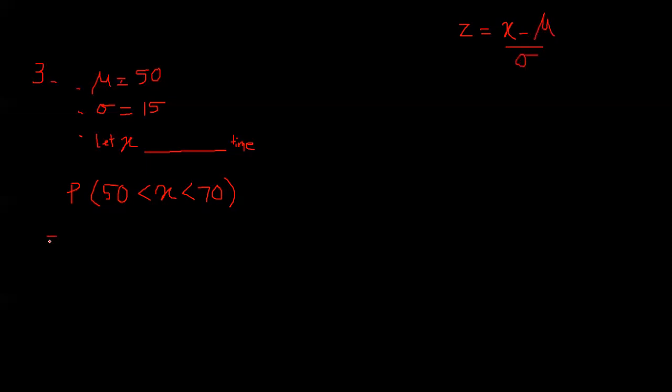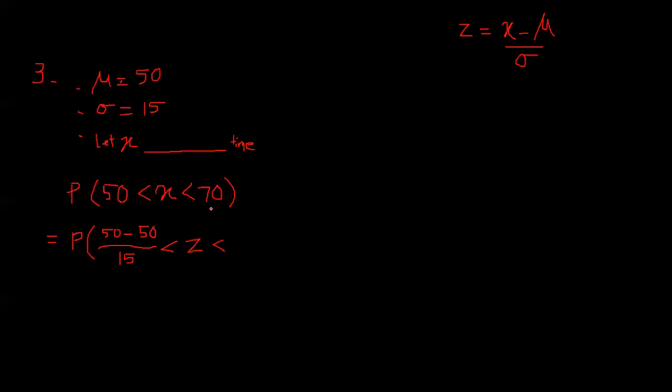So when you insert the values, X is 50, so 50 minus mu, which is 50, divided by sigma, which is 15.